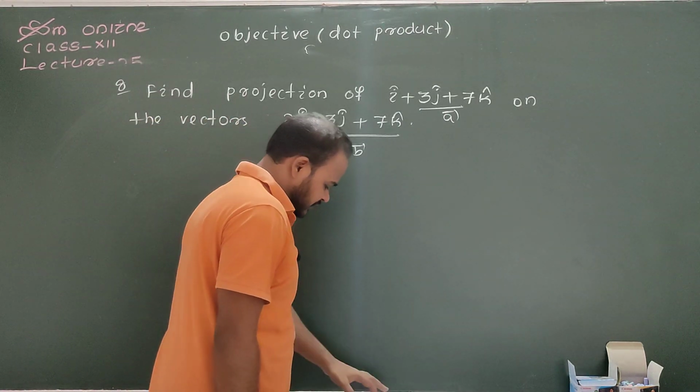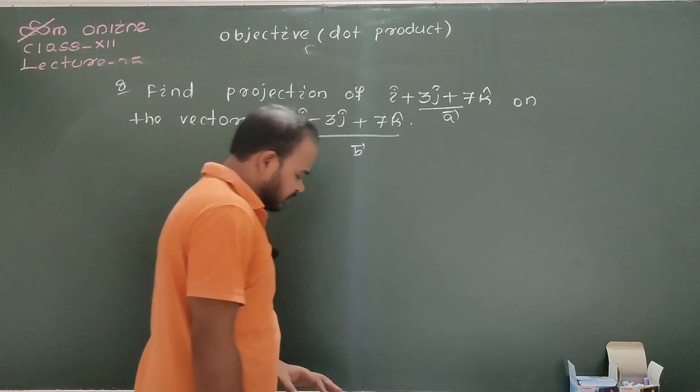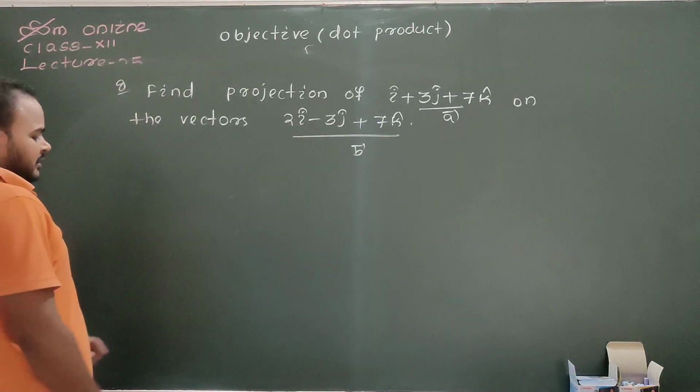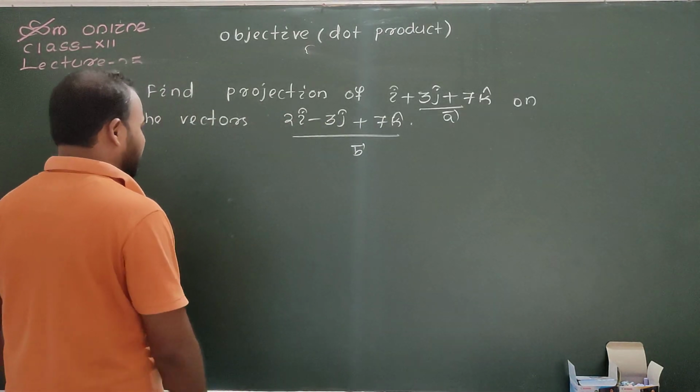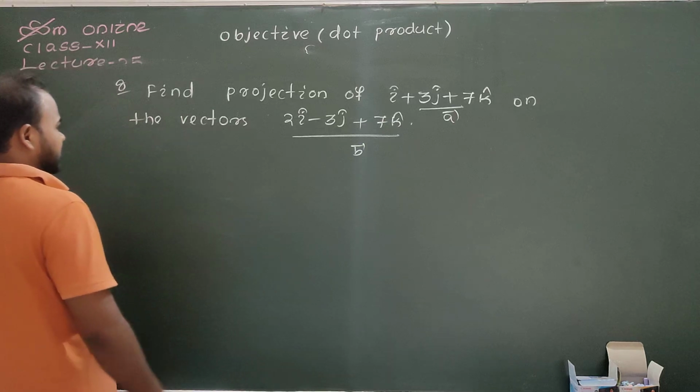It says find the projection of the vectors. That means scalar projection.